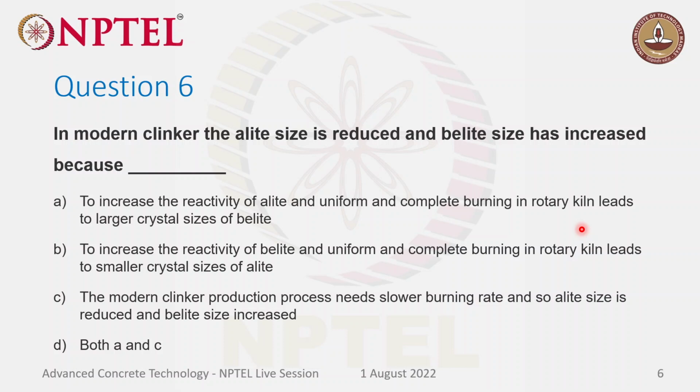Option B, to increase the reactivity of halite, and uniform and complete burning of rotary kiln leads to smaller crystal size of halite. Option C is the modern clinker production process needs slower burning rate, and so halite size is reduced and halite size increased. And option D is both A and C.